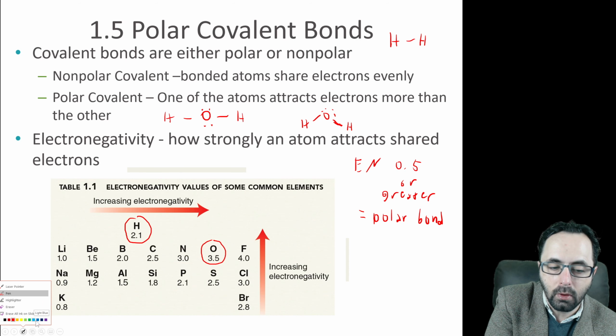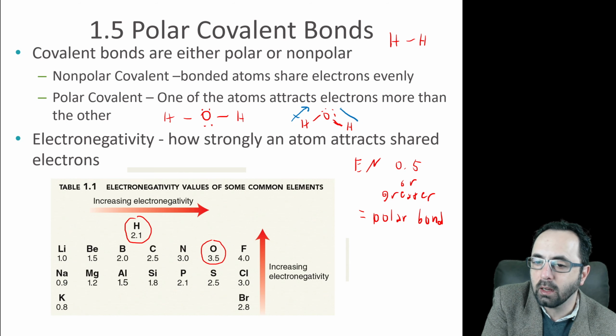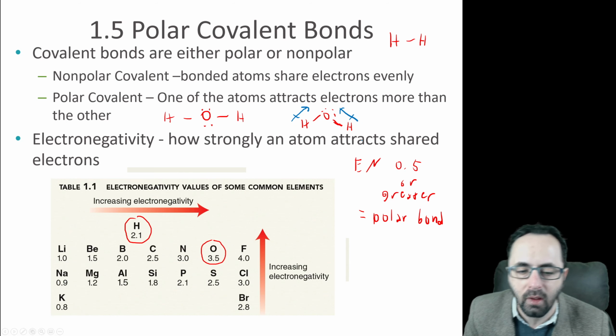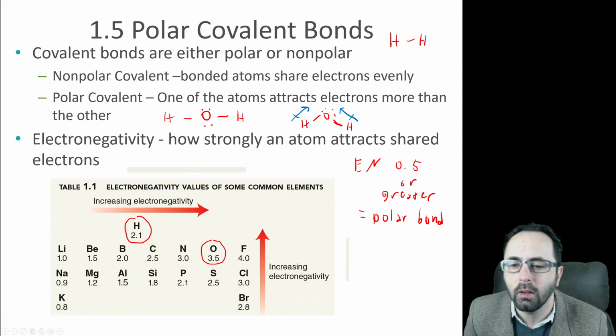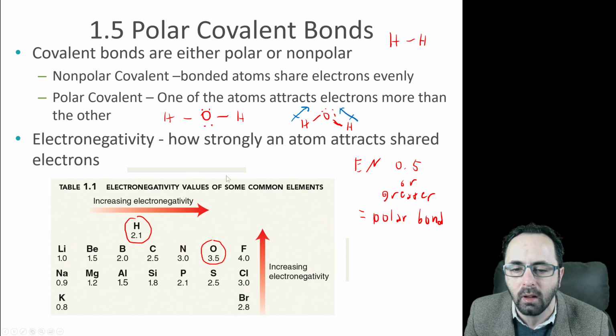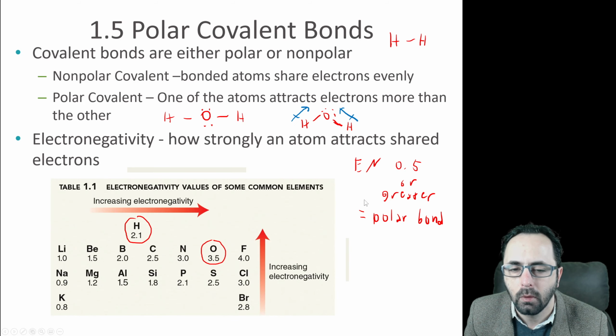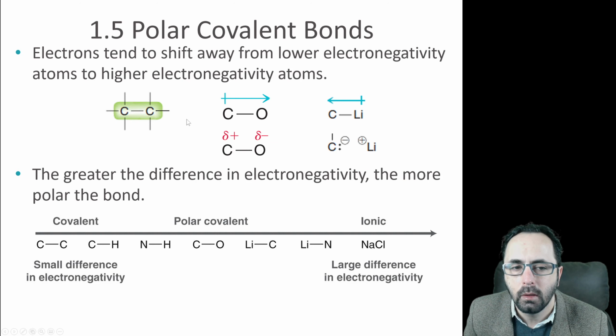So what we can see here is that in a water molecule, the electrons will be pulled towards the oxygen atom, and depending on the shape of the molecule, that will have consequences for the polarity of the entire molecule. And here's another example of various bonds.